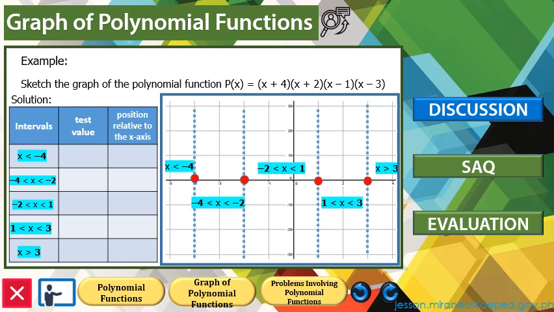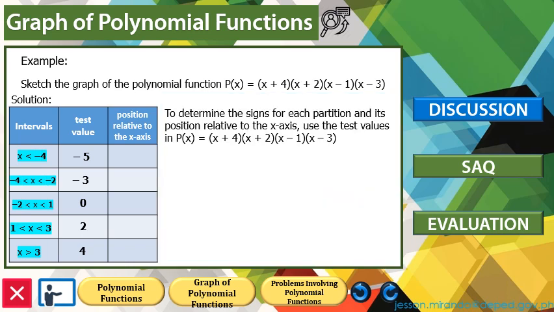For the test value, think of a number that is within the given interval. For the first interval, -4 to -infinity, we will use -5. For the second interval, between -4 and -2, use -3. For the third interval we have 0. Between 1 and 3 use 2. For the last interval, 3 to +infinity, use 4.